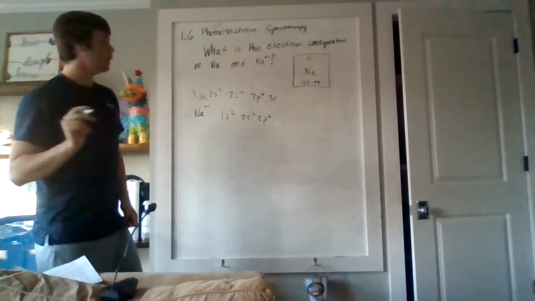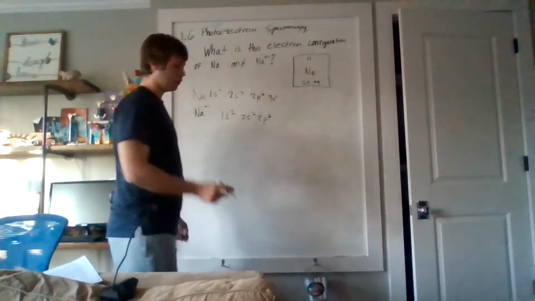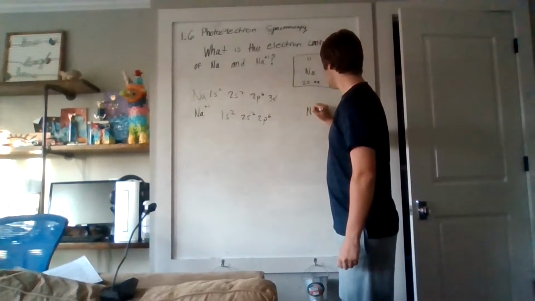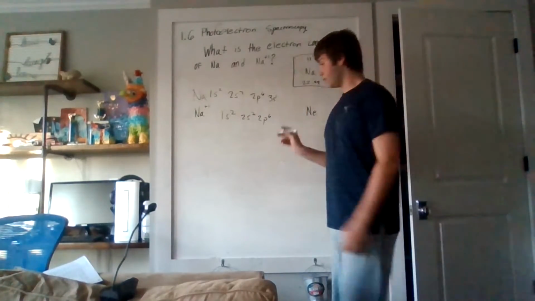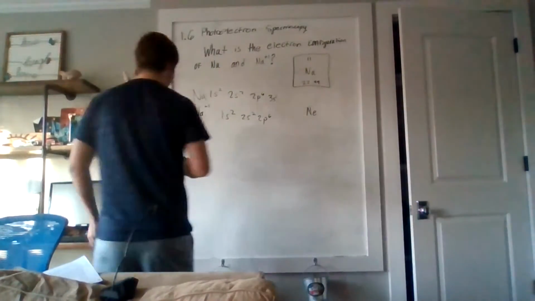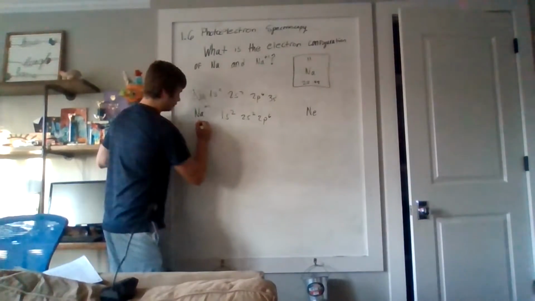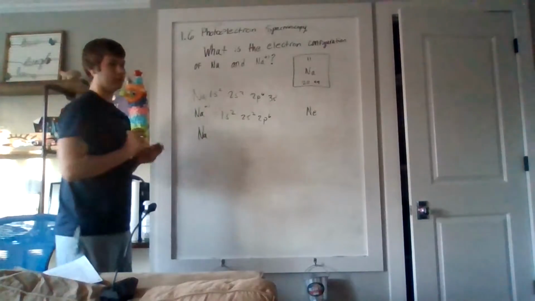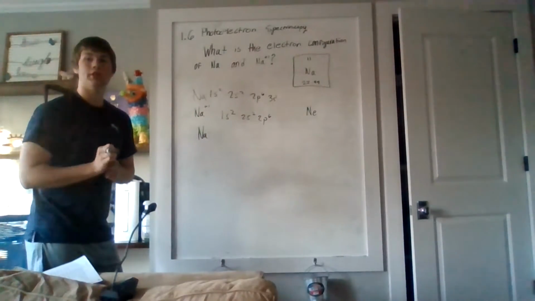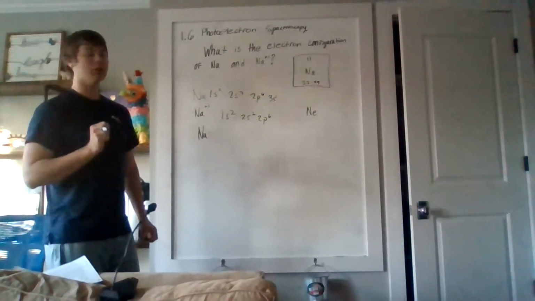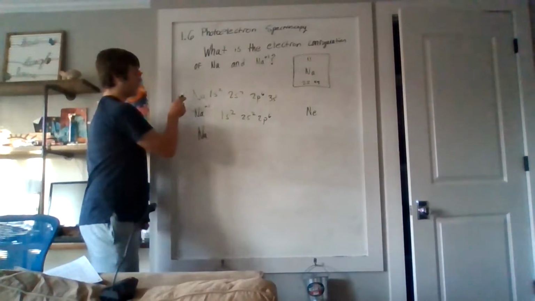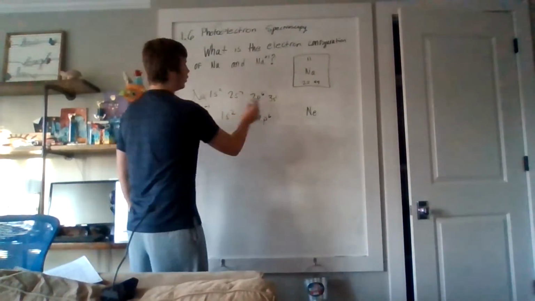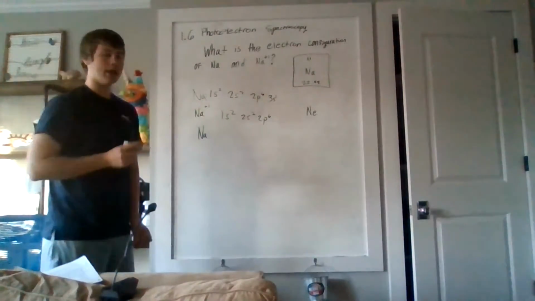Now this actually shares an electron configuration with neon, and can also be put in as, if we go back to the regular electron configuration, there's also something called noble gas configuration, which is basically electron configuration, but it takes out that part that's shared by the noble gas.